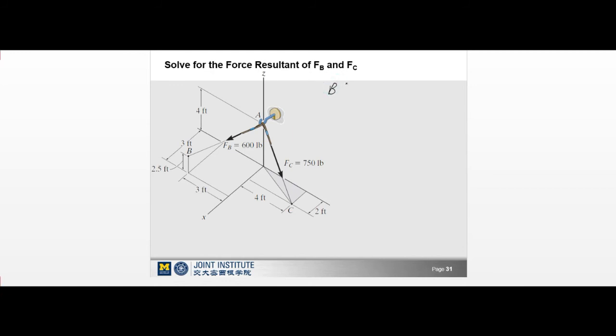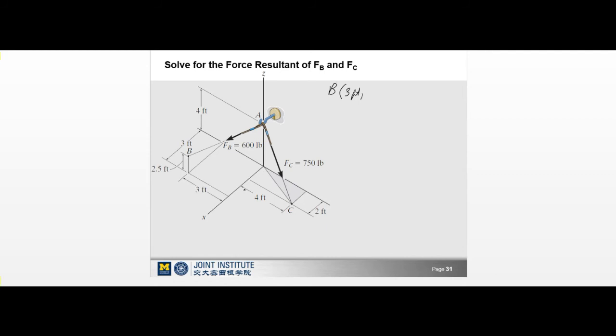So to do that, let's have first the coordinates of B. So we have the coordinates of B are, first in the x, 3 feet in the x, and in the y we have, so this is the positive y-axis over here.